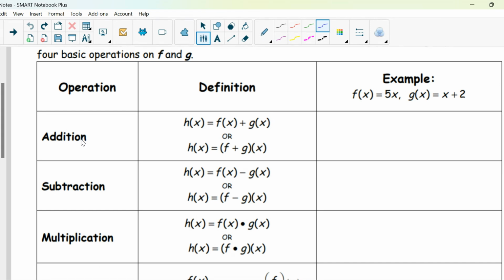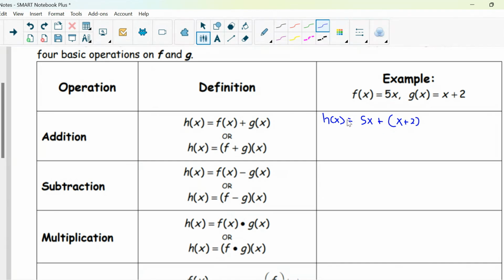So starting with addition, it is defined as our new function h of x equals f of x plus g of x. So for our example here, we are trying to create our new function h of x, and we are going to do so by taking f of x, which is 5x, plus g of x, which is x plus 2.